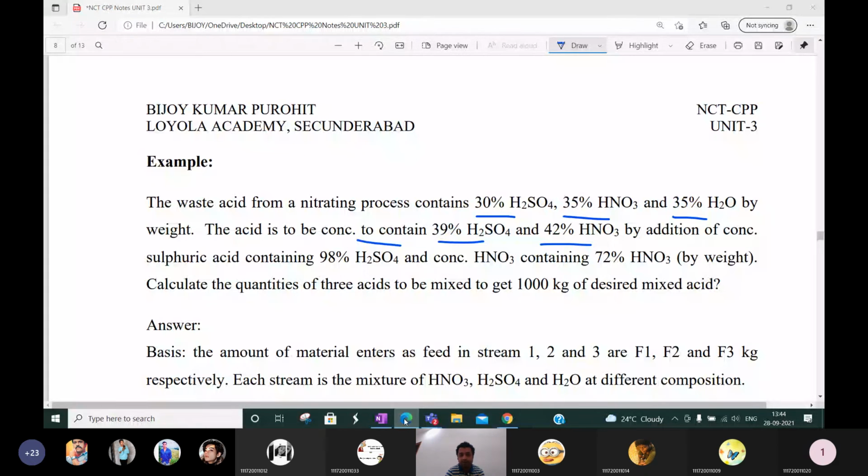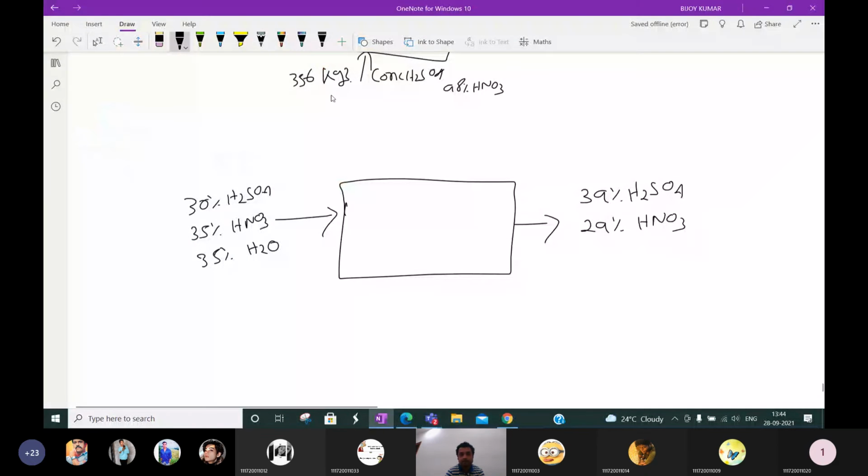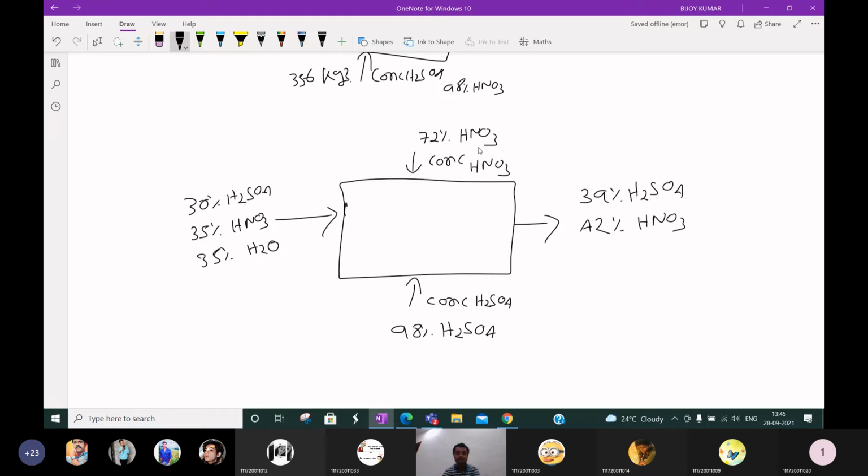So what we have to add? How to convert these to these? By adding concentrated H2SO4, which is having 98%, and by adding concentrated HNO3, which is having 72%. This is the problem.